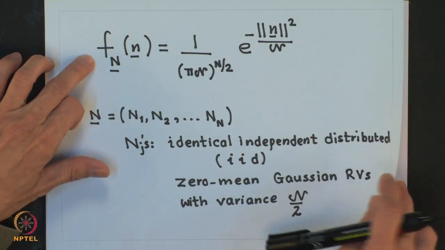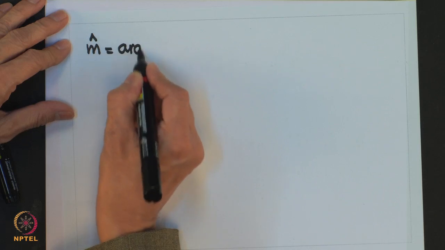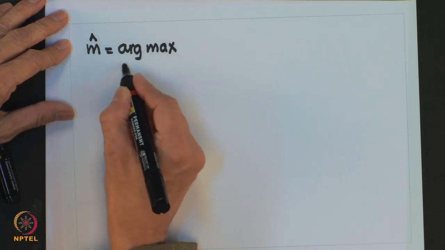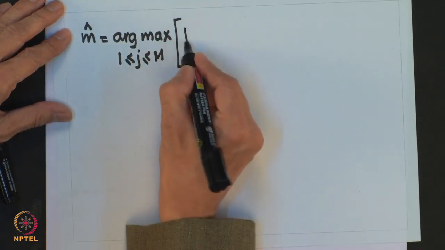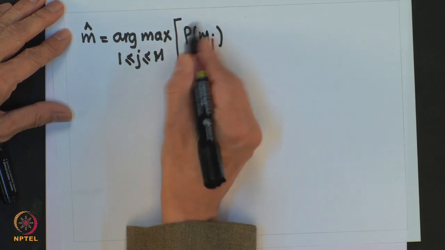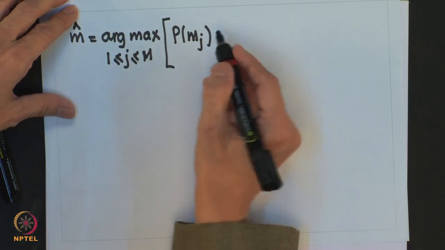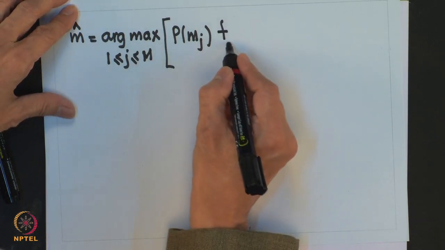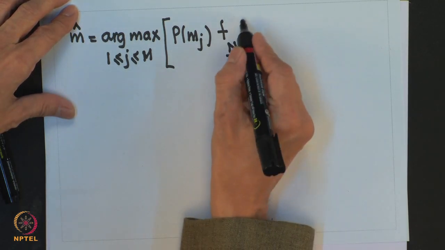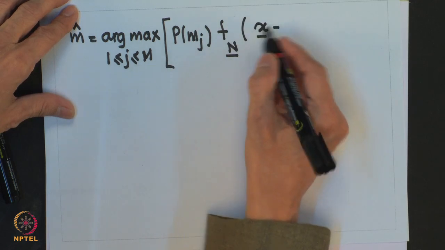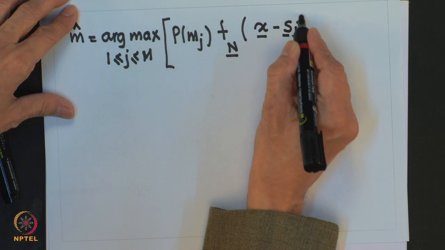So, using this relationship, we can rewrite our MAP decision rule as follows: the probability of transmitting the message m_j, and this is nothing but the noise PDF, except that it is shifted by the s_j vector.